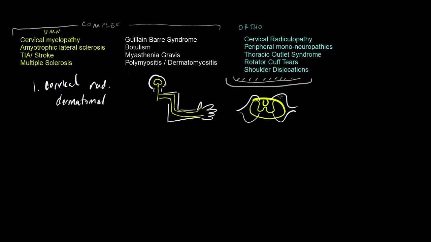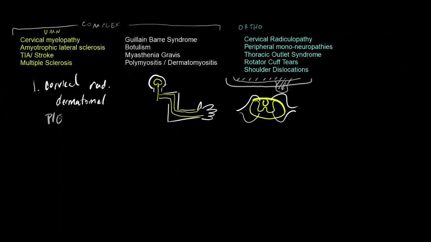And what most commonly happens with radiculopathy is that this nucleus pulposus will herniate out and irritate this nerve root. This can happen in young patients in an acute form. It can happen in an elderly patient when the discs become dried out and degenerative, and that can cause radiculopathy.